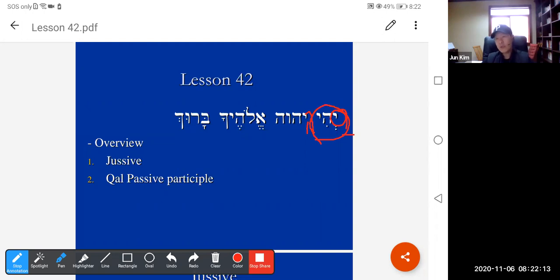So if you are dealing with a third person prefix form, then you better stay with the prefix form. But if you think the context clearly tells about this idea of 'let me' or 'may I', then you need to use it without any important indicator. Okay, so that's all about the jussive indicator.